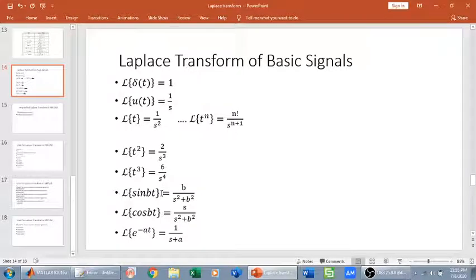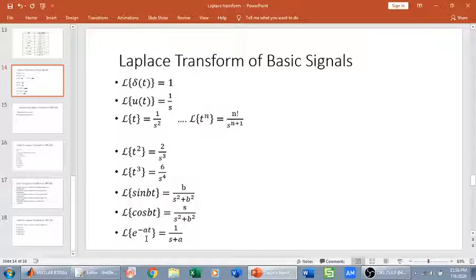And the Laplace transform of sine bt, where b is some constant, is b divided by s square plus b square. So if b is equal to 2, if we have sine 2t, we have 2 divided by s square plus 4, because 2 square is 4. Similarly, Laplace transform of the cosine signal is s divided by s square plus b square, where b is the constant.